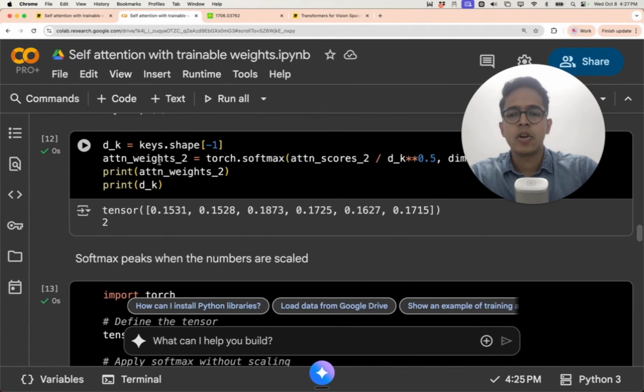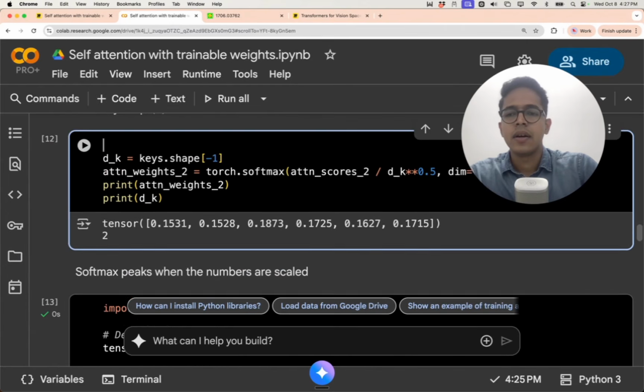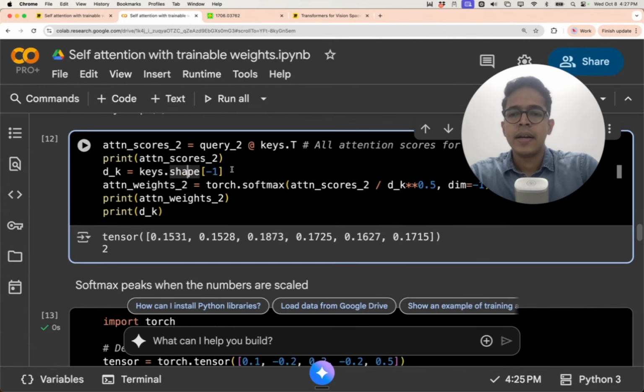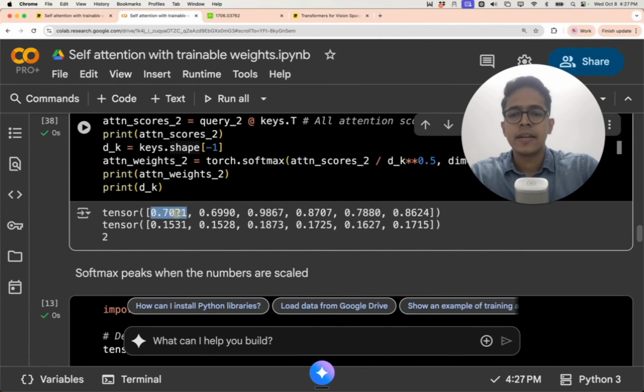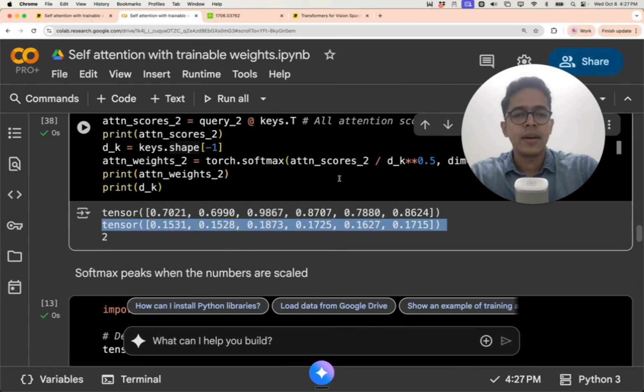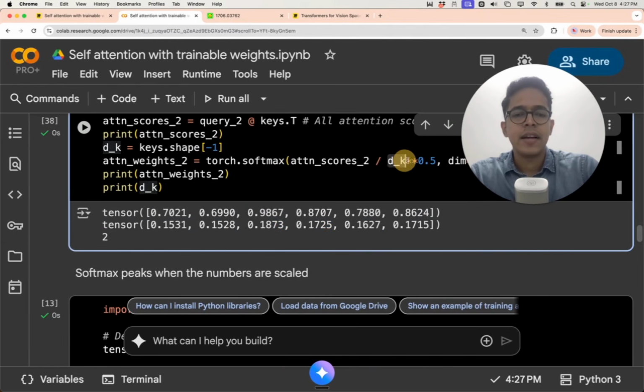I will just copy paste this here. So print both attention scores and attention weights. So the first set of numbers are attention scores corresponding to big. These are now attention weights corresponding to big. And here you can see that we have divided by the square root of the dimensionality of the key space. And we have also taken softmax from the PyTorch library.